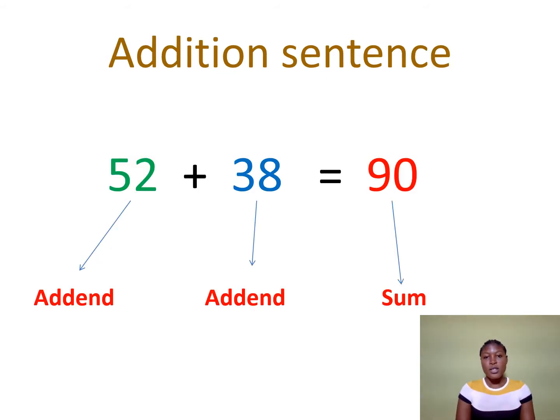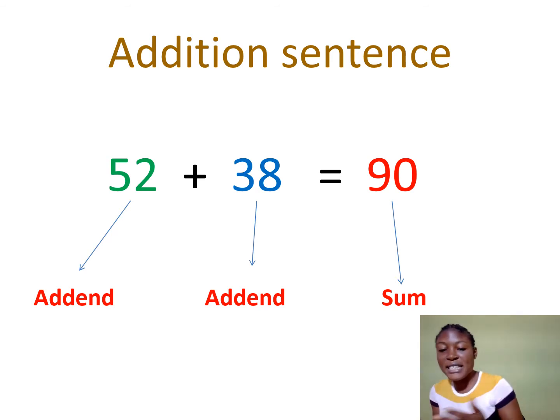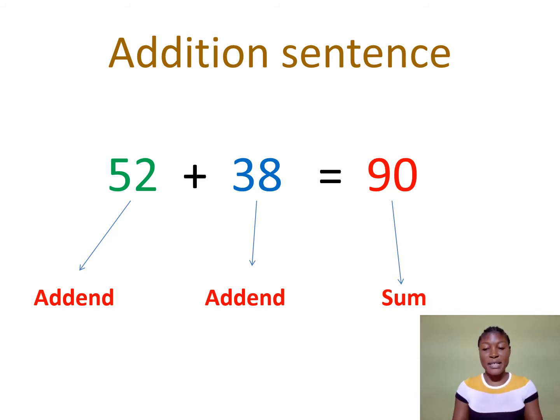Good. So we learned on addition sentence. And if you can recall, we learned that an addition sentence is a number sentence used to express addition. Then we learned that each and every number has a name when it comes to an addition sentence. So we knew the first one called addend.